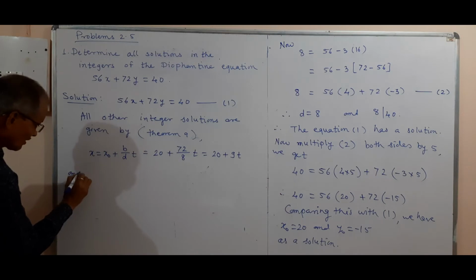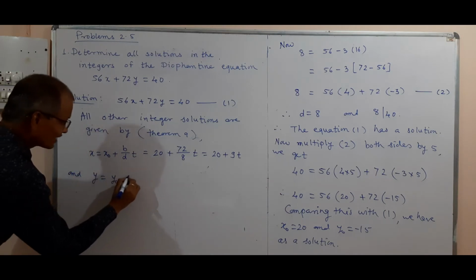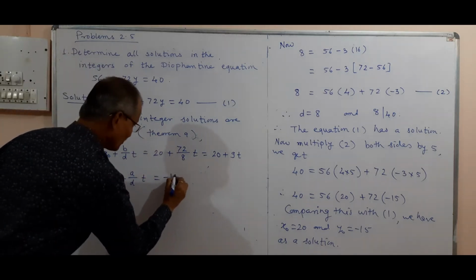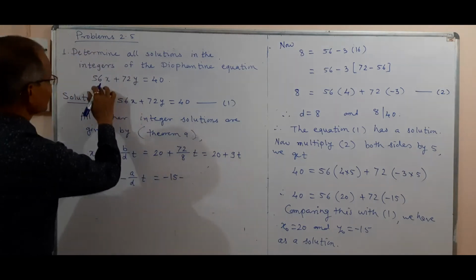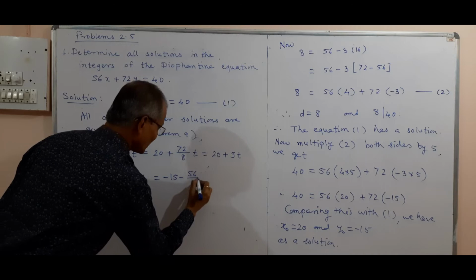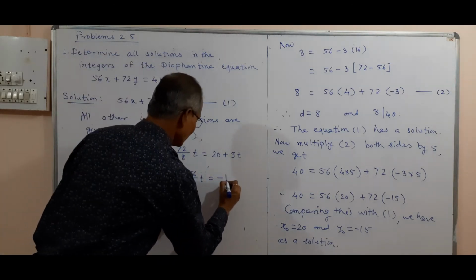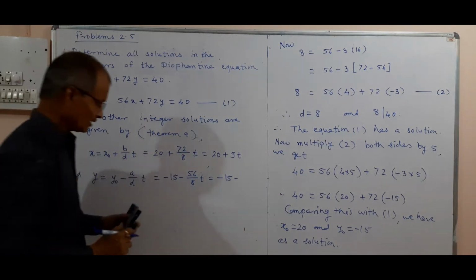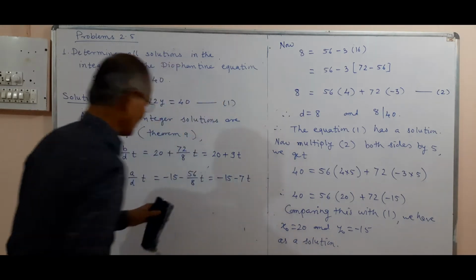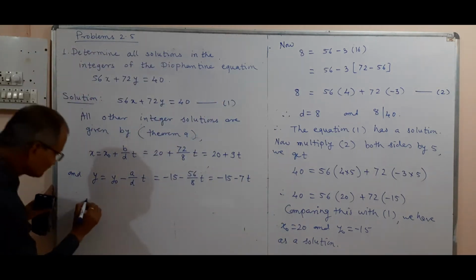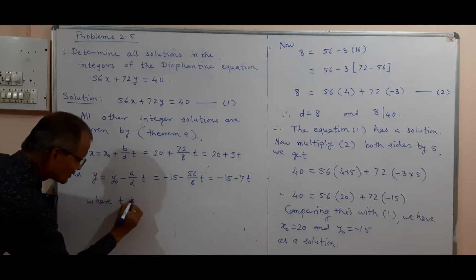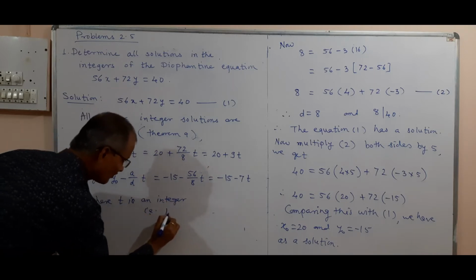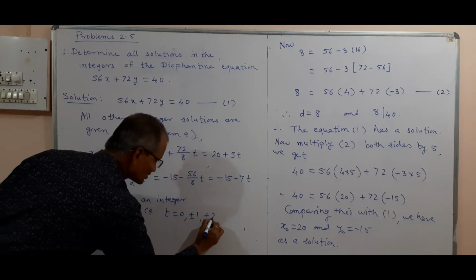And y is y naught minus a by d times t, where y naught is minus 15, minus a, 56 divided by 8, which is 7, so minus 7 times t, where t is an integer, that is t is equal to 0, plus minus 1, plus minus 2, etc.